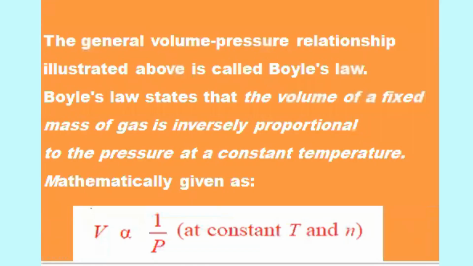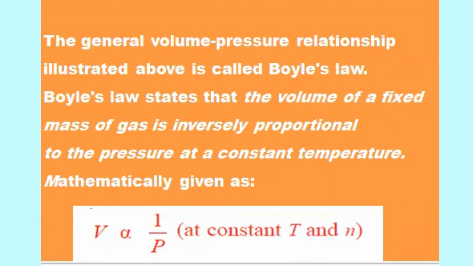The general volume pressure relationship illustrated above is called Boyle's law. Boyle's law states that the volume of a fixed mass of a gas is inversely proportional to the pressure at constant temperature. Mathematically, the volume and pressure relationship is expressed as volume inversely proportional to pressure at constant temperature and amount of gas.